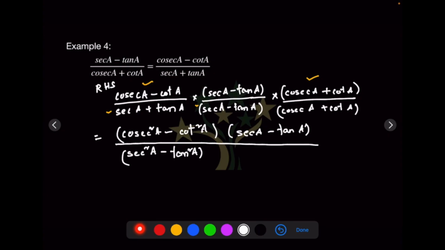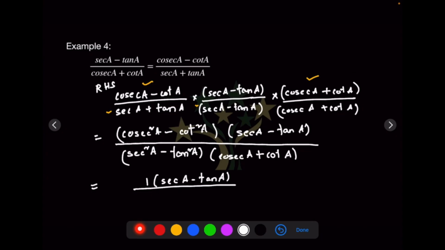And what are we left with? CosecA plus cotA. Now remember our identities. We can write cosec square minus cot square A is equal to 1, and we are left with secA minus tanA in the numerator.